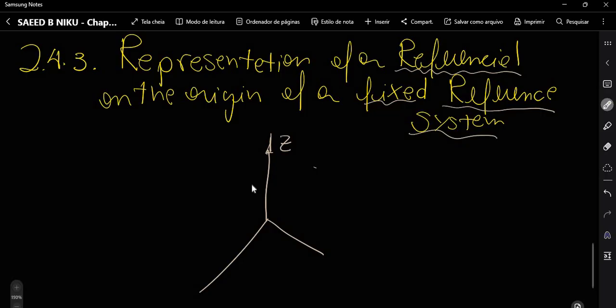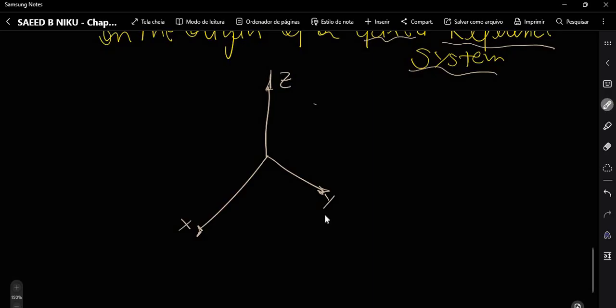On the XYZ, on this 3D plane, orthogonal means making a 90-degree angle with the other axes. So here, x is at 90 degrees with the y-axis, and y is also at 90 degrees with the z-axis, and the x-axis is at a 90-degree angle with the z-axis. Okay.